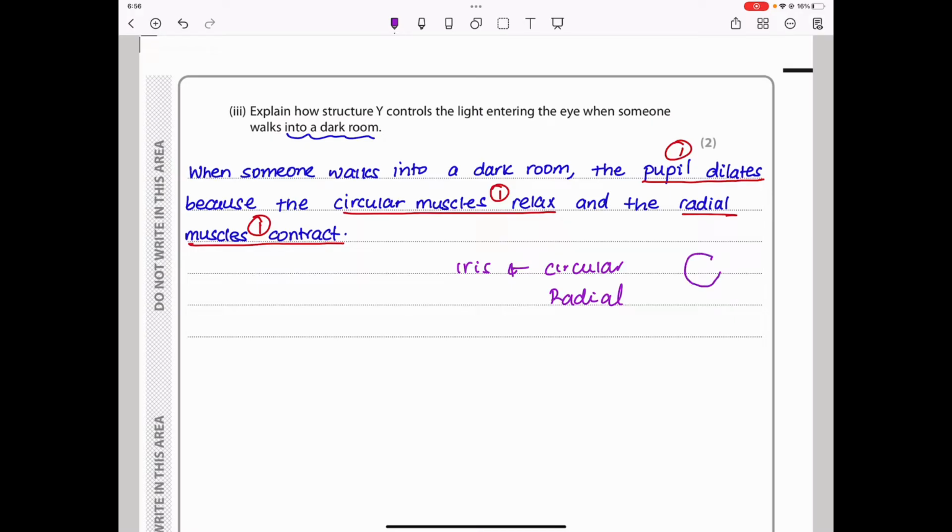Remember the pupil is that hole inside your eye. For it to dilate, it means the radial muscles have to contract in order to pull away, and to do that, the circular muscles have to relax. So these muscles within your iris have to relax while the radial muscles contract in order to allow the pupil size to become wider or to dilate so that you can be able to see clearly.